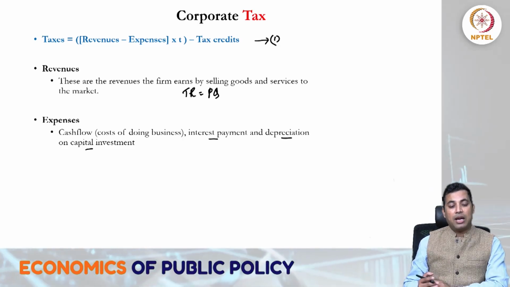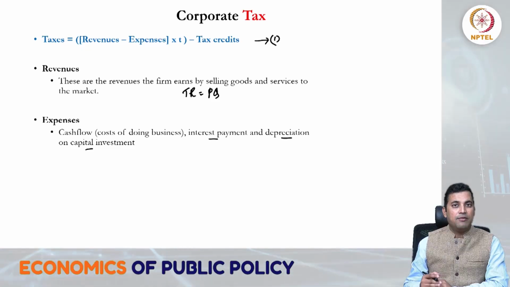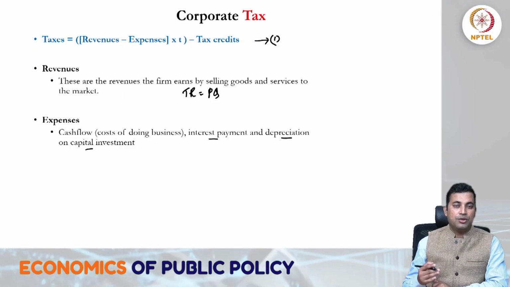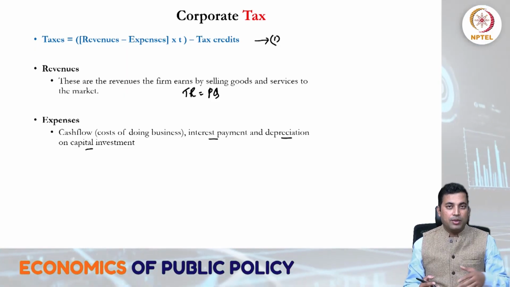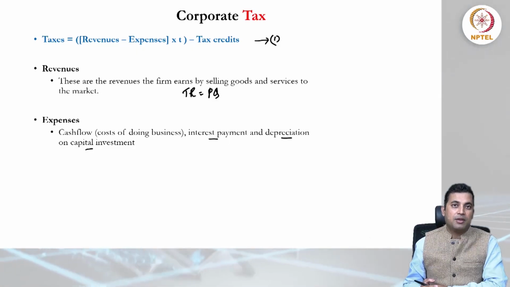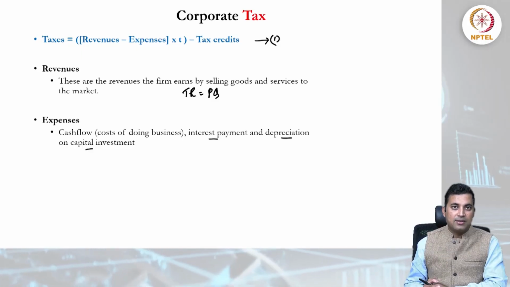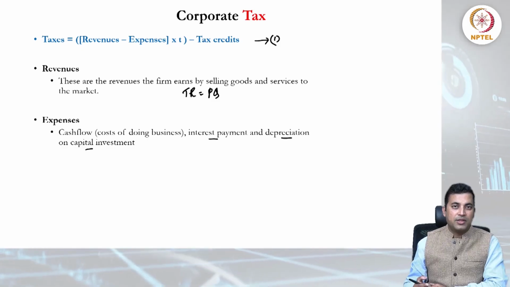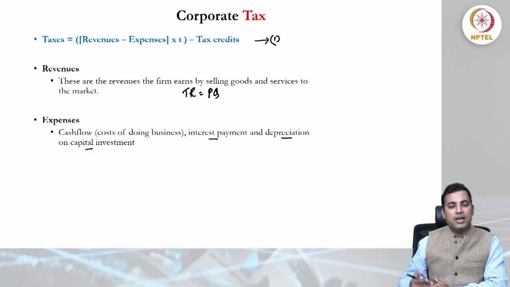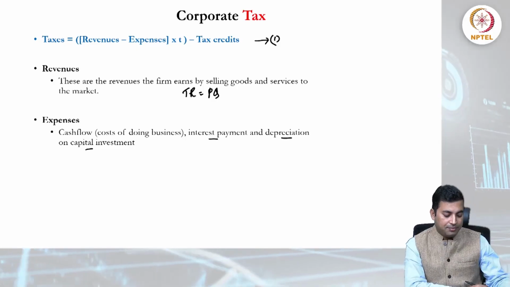Therefore, when we calculate revenue and expenses, the profit calculation needs to be very careful. Profit maximization is rational behavior for producers, and profit is basically revenue minus overall expenses. If revenue is more than expenses, it is positive, and that is what rational producers always try to maximize.